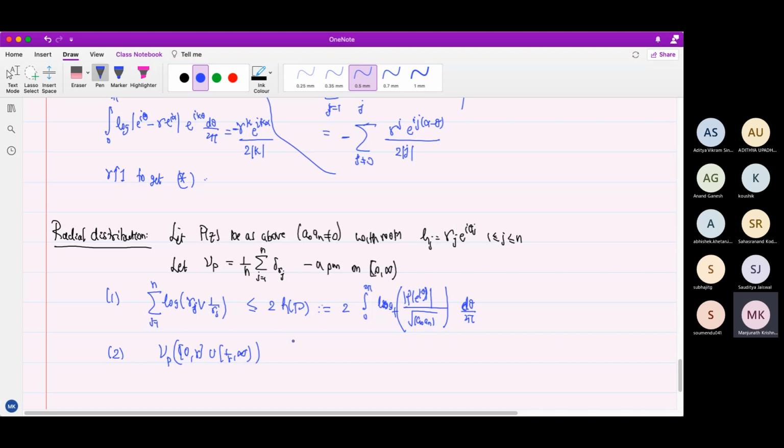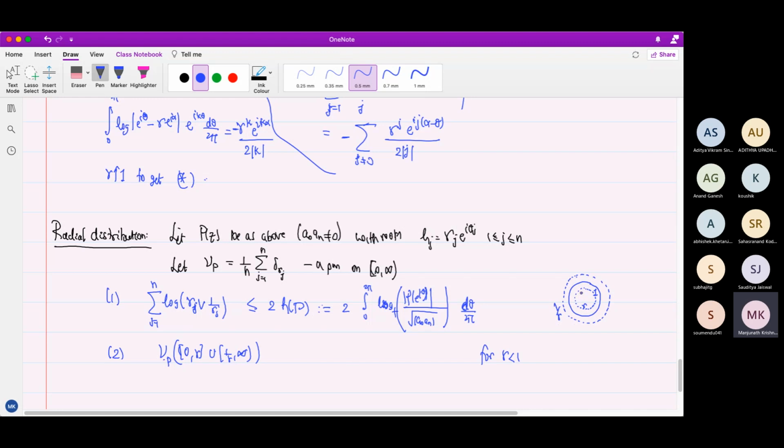So for r less than 1, here is the unit circle, and this is the circle of radius r and this is the circle of radius 1 by r. Now what is nu_p of 0 to r?